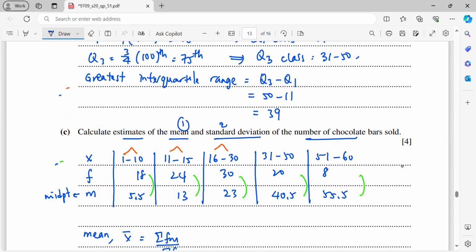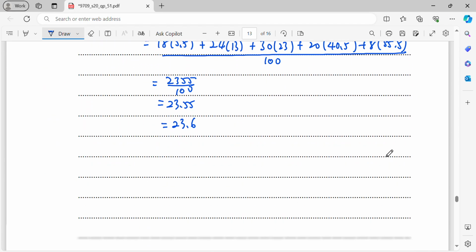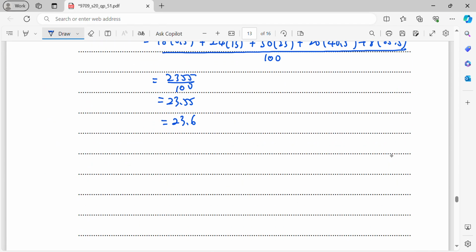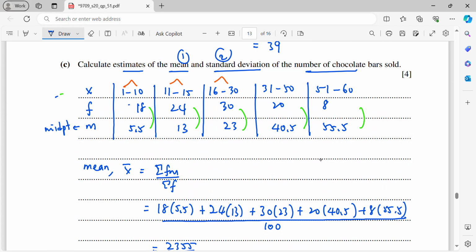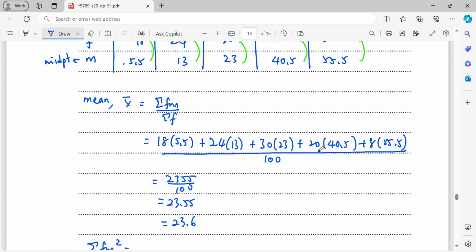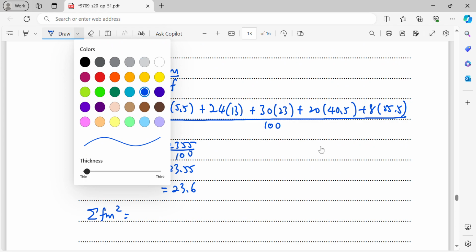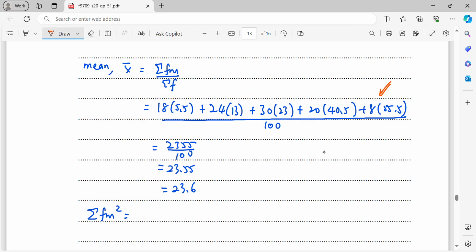So mean, standard deviation. Now for standard deviation, I will start with summation Fm squared first. So I do this calculation first. Now remember, your F is 18, 5.5 is the M, right? Therefore now I need to square the M. I will refer back to this numerator, but I squared the bracket.